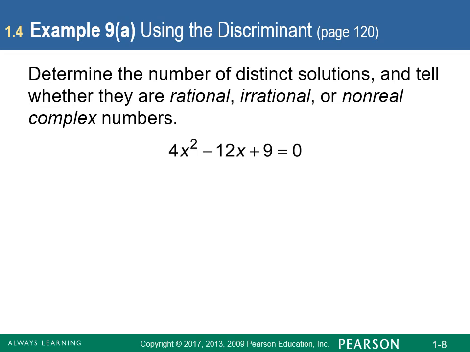Now these last three problems are referring to the thing called the discriminant. The discriminant is the part under the square root in the quadratic formula. Here's our quadratic formula. And the stuff that's under the square root is called the discriminant.